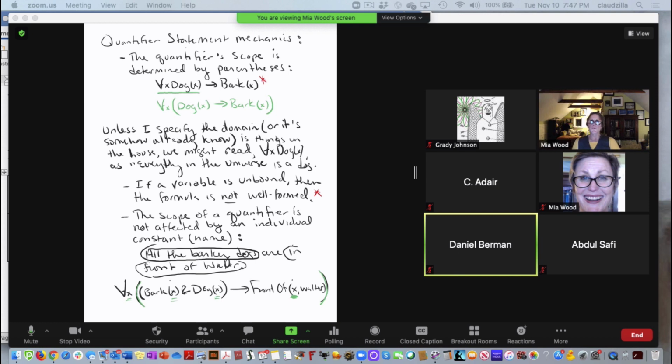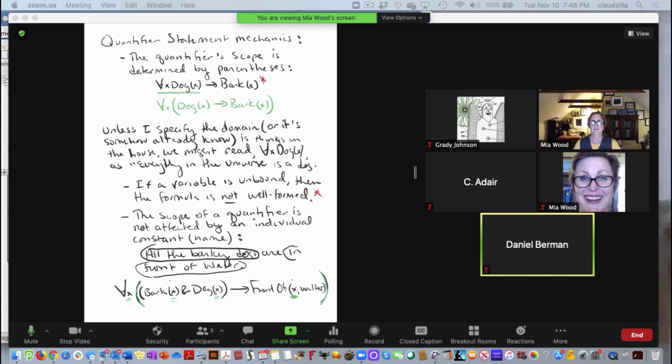Okay, so we know that the scope of the quantifier, when we've got multiple predicates, is determined by the parentheses, right? If we need parentheses but we lack parentheses, then we've got what's known as a formula that is not well-formed, right?